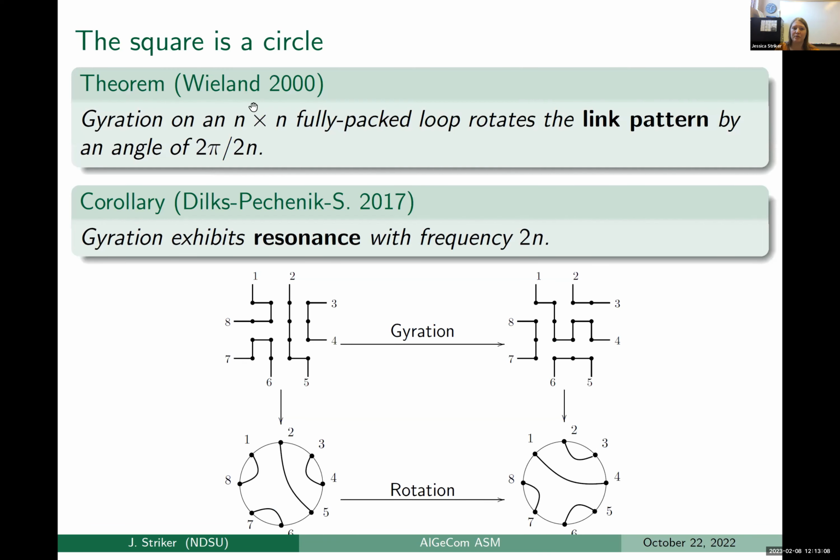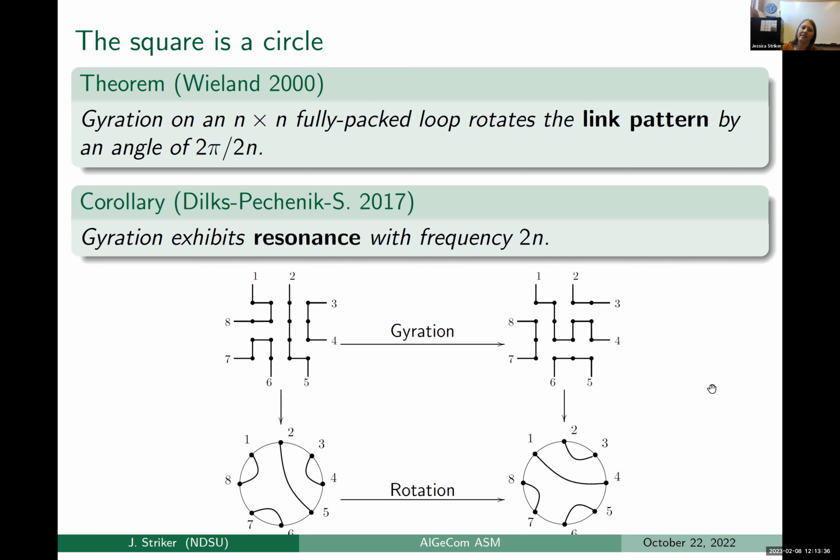So that's something that was proved by Wieland, I guess 23 years ago, and he was an undergraduate. So basically that gyration on this fully packed loop will rotate that associated link pattern. And then more recently with Dilks and Pajenik, we gave a name to this, and we saw this phenomenon arising in other situations where you have some sort of complicated action on some objects, but it projects to something that we understand, that we know the order of, so something nice like a rotation.